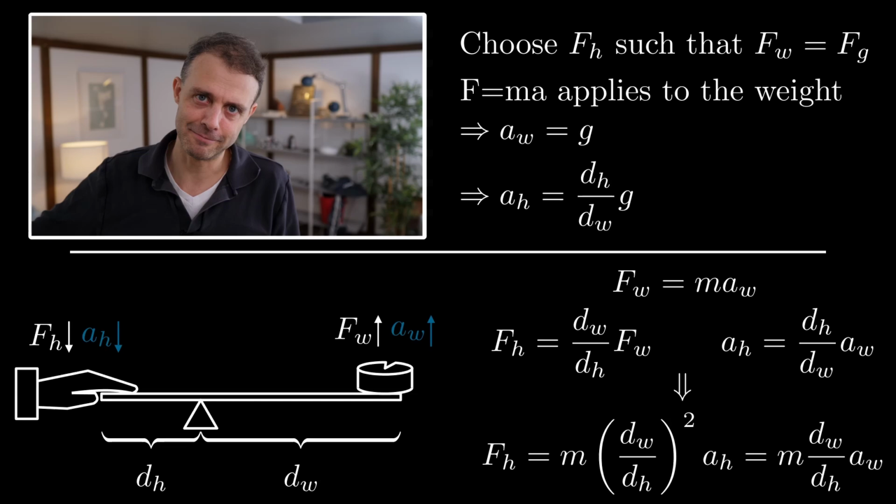So, I think the key lesson here is to remember to only apply intuitions about F equals ma and gravity to the object which we are doing work on. And then we can use that to work out the rest of the forces and accelerations on the other parts of the system. If we do that, we probably won't accidentally conclude that 1 joule equals 2 joules, and neither will we intuitively expect our hand to move at the same acceleration as an object on the other side of a lever.